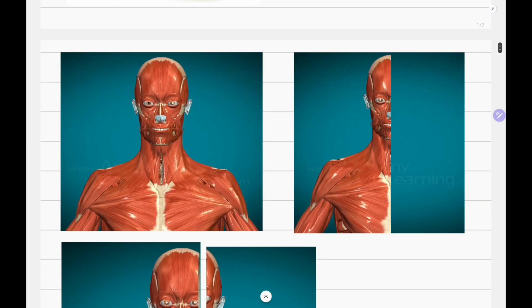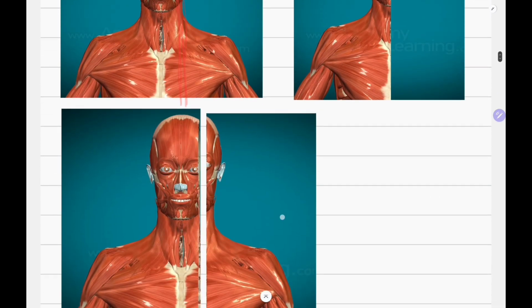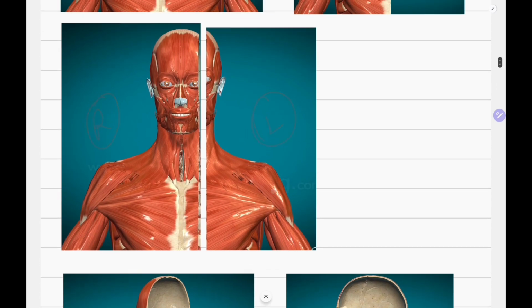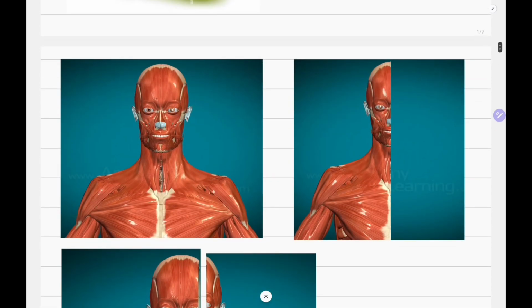So if I pass a plane like this and decide to slice the body, what I obtain is the right hand side of the person and the left hand side of the person. And if I equally divide this, if I pass the plane along the center line, the right hand side will be equal to the left hand side. Here I haven't shown you the left hand side.